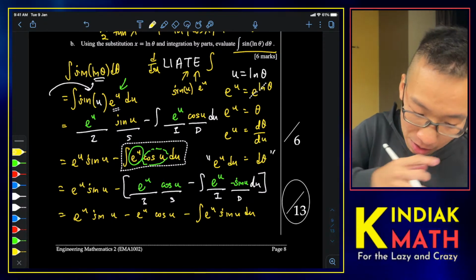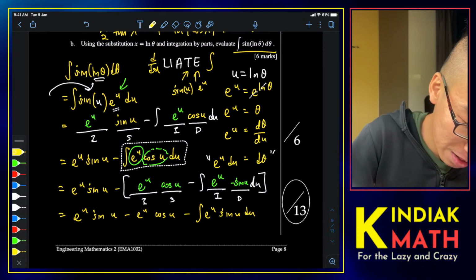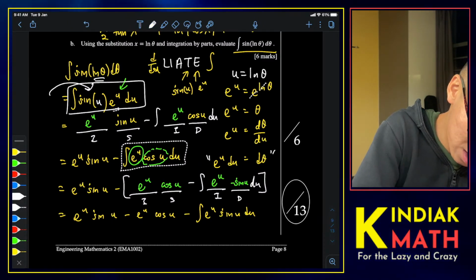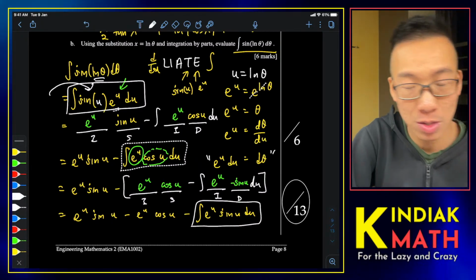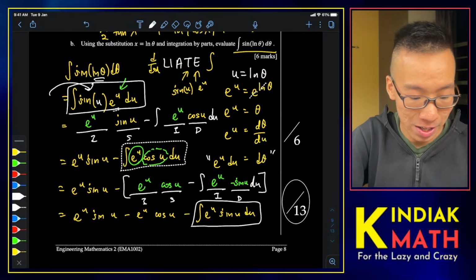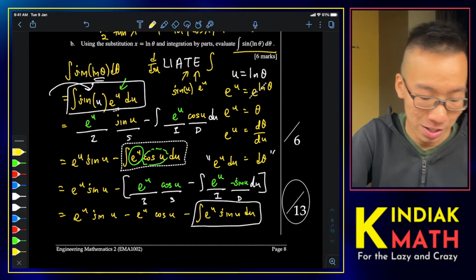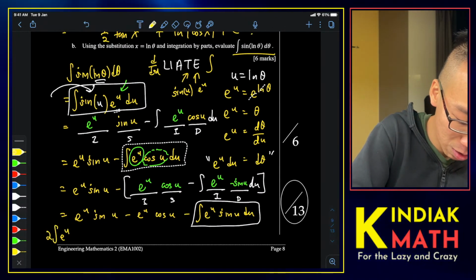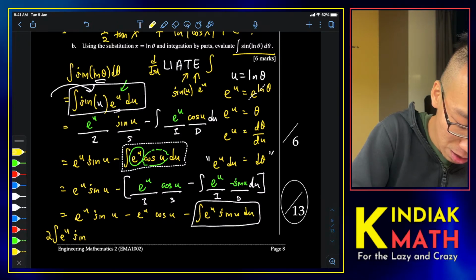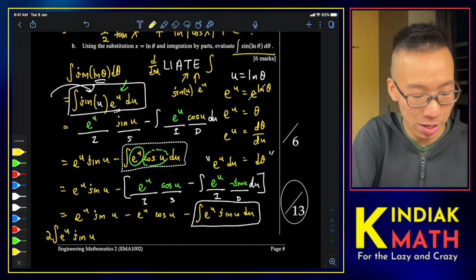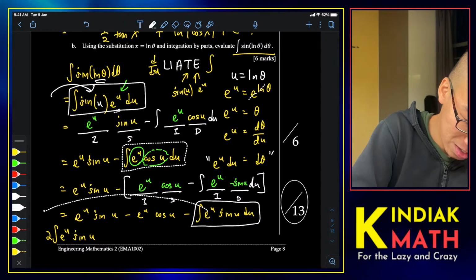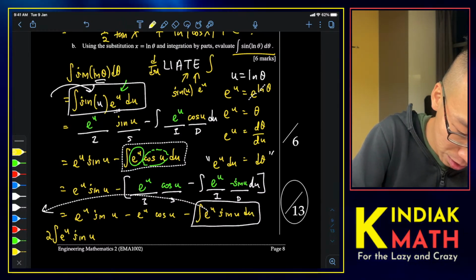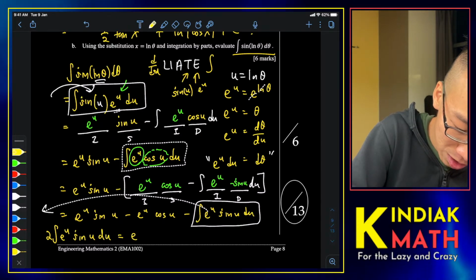Okay, let's see. We do see that this term over here actually equals this term over here. So we can do a bit of algebra. The integral of e to the u sine of u, 2 times the integral, if we bring this guy over to this side, that would equal e to the u.